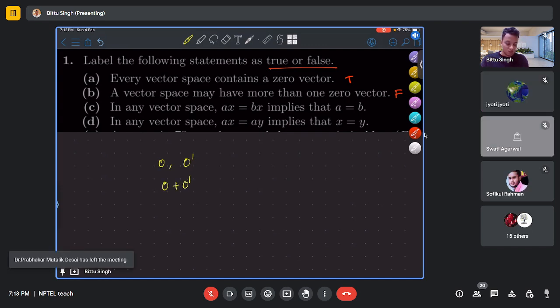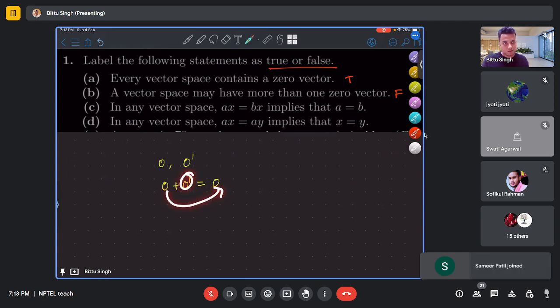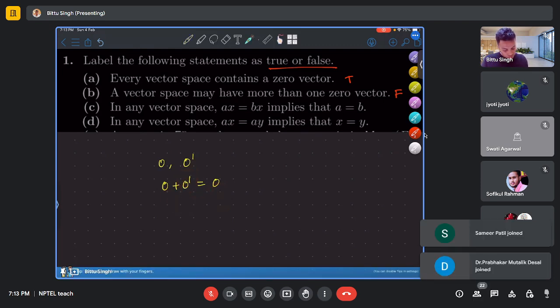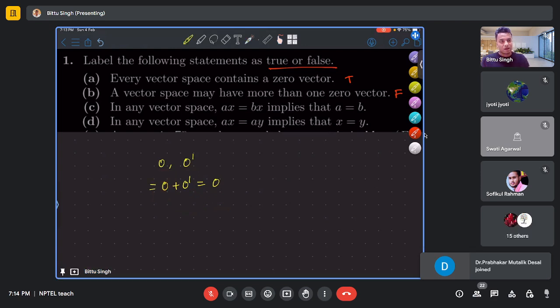First, assume 0 dash is the zero vector. Then 0 plus 0 dash is the same as 0, because adding 0 dash gives the same element. Now if you assume 0 is the zero vector, then adding 0 does not change anything, so it will give 0 dash.